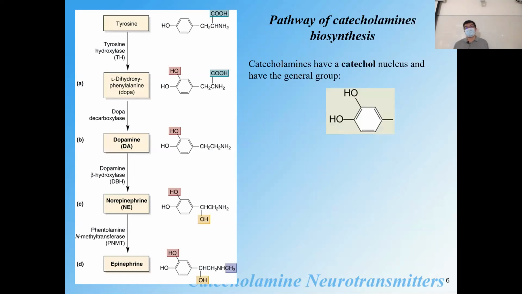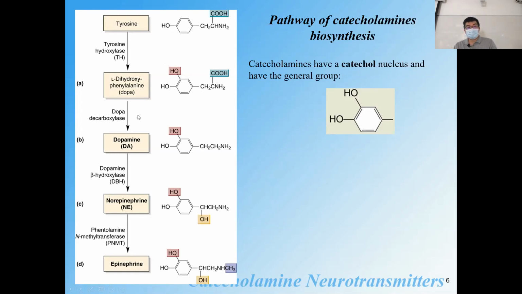Now, this biosynthesis pathway uses tyrosine as the precursor. So this is the structure of tyrosine. The first step is tyrosine hydroxylase. That enzyme is the rate limiting step. You can see that tyrosine hydroxylase adds a hydroxyl group over there.